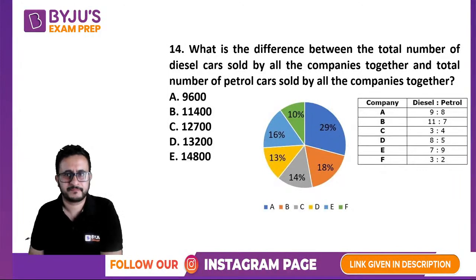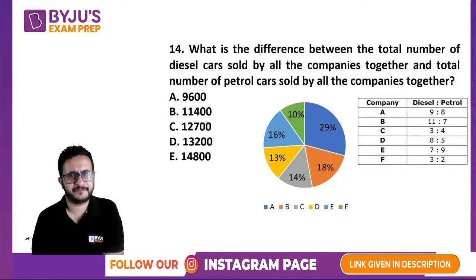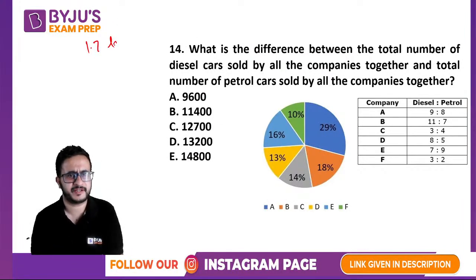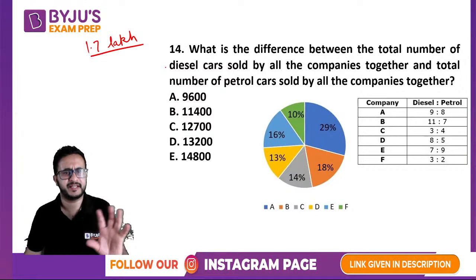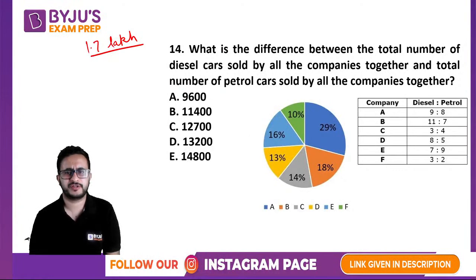Now this is a question on difference, right? And we are given numbers, we are not given ratio percentage. So you will need that 1.7 lakh wala total. Okay, and again use that 17, treat it as 17, ignore these zeros and all, do simple calculation.